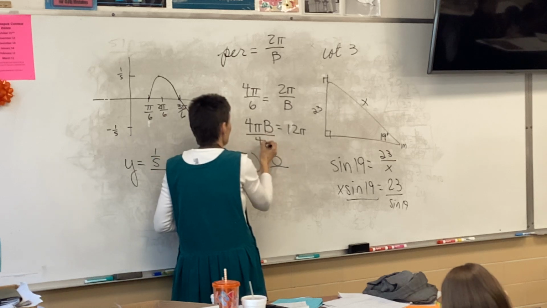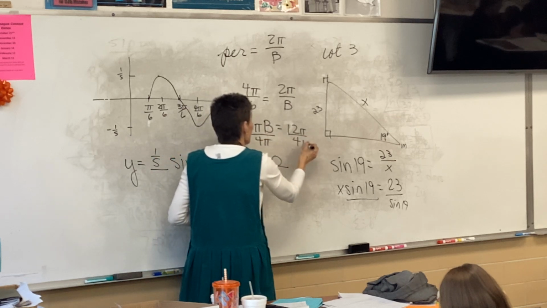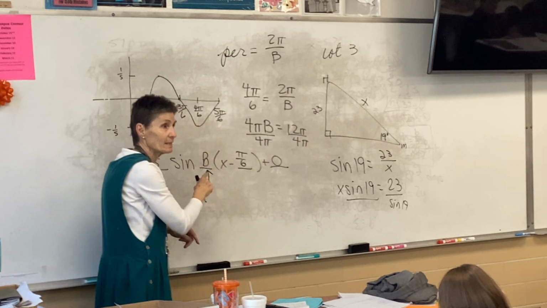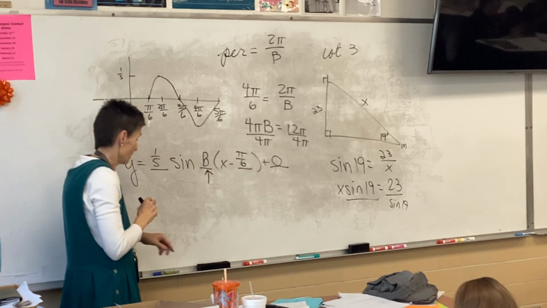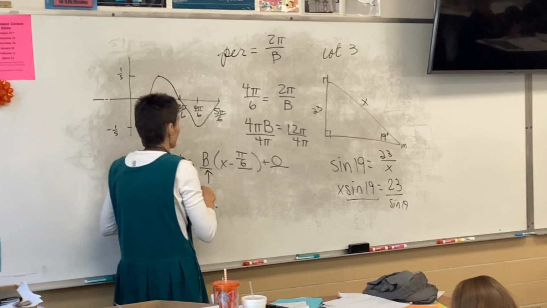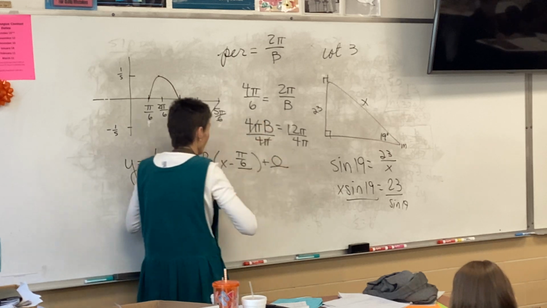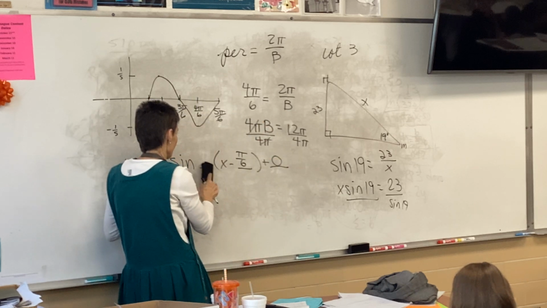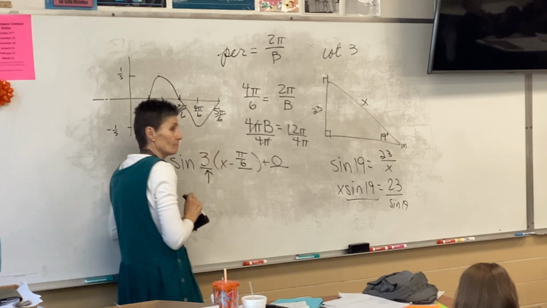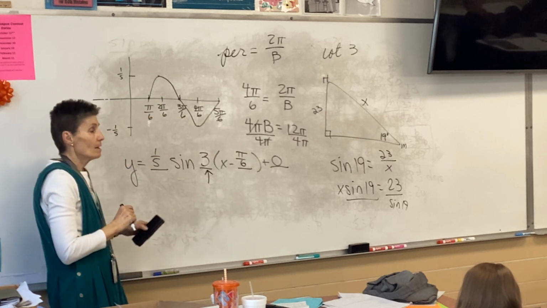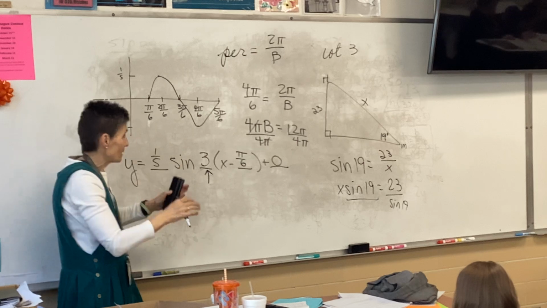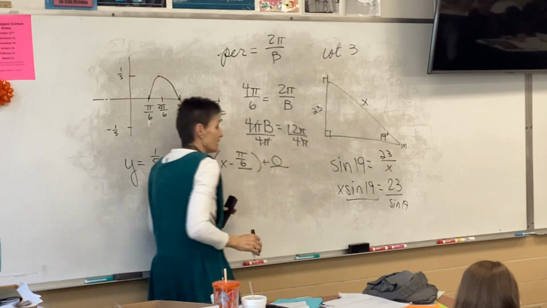I'm going to divide by 4 pi. And what is my missing number, b? b equals 3. The pi's cancel. Are we sure? 3.